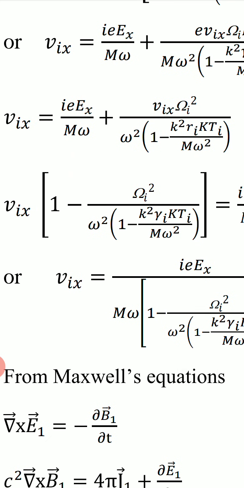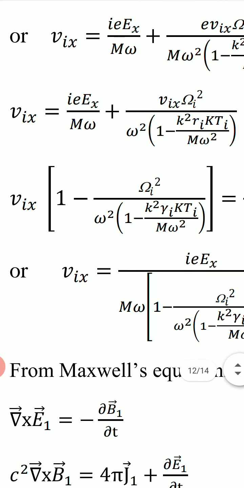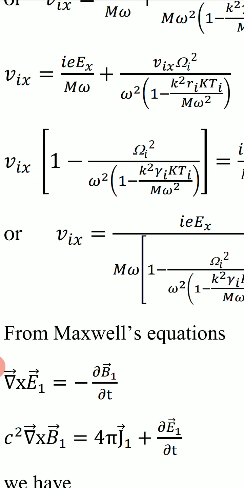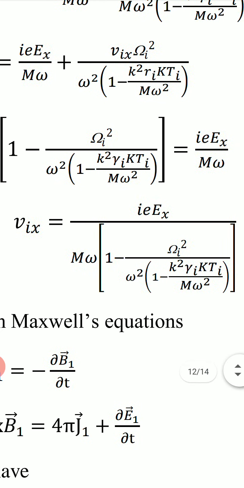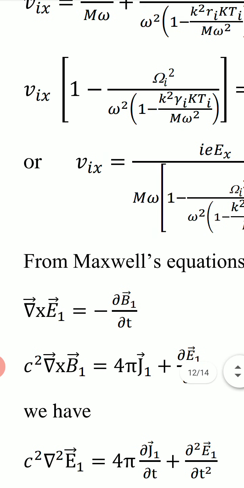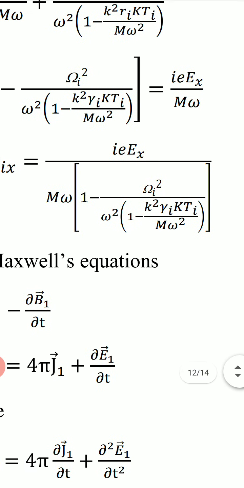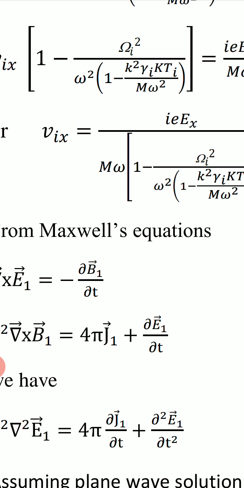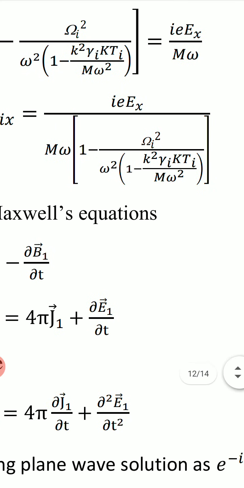So we bring these two terms together to left hand side, take Vix common, then it becomes Vix into 1 minus omega i square upon omega square into 1 minus k square gamma i k Ti upon m omega square equal to iEx upon m omega, or Vix will be equal to iEx upon m omega into this whole term inside the bracket, 1 minus omega i square upon omega square into 1 minus k square gamma i k Ti upon m omega square.